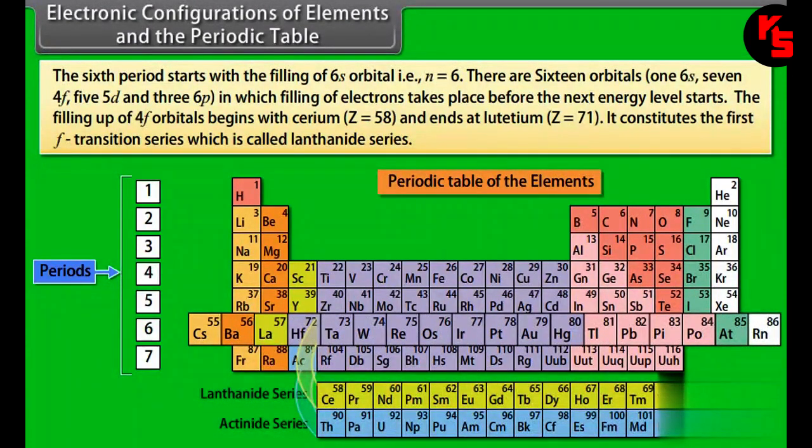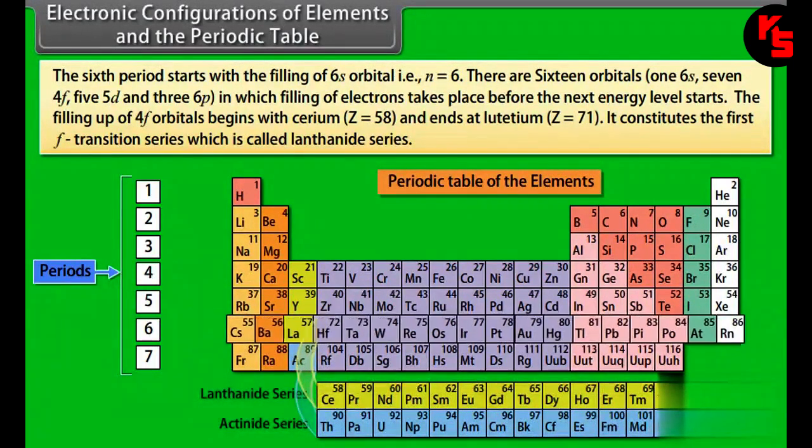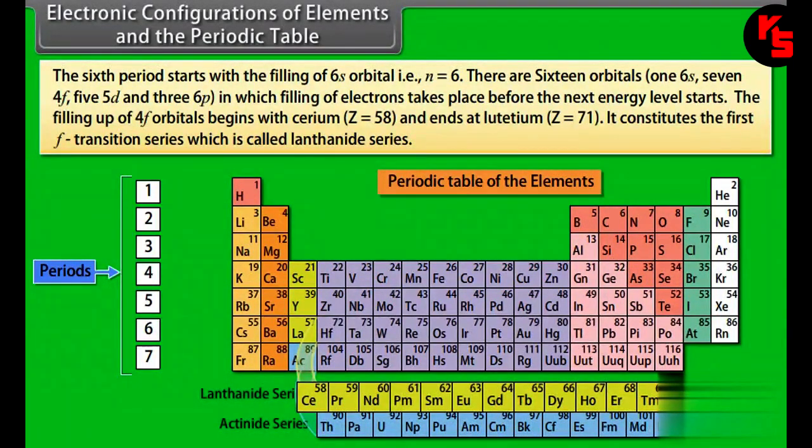There are 16 orbitals, one 6s, seven 4f, five 5d and three 6p, in which filling of electrons takes place before the next energy level starts. The filling up of 4f orbitals begins with cerium, atomic number 58, and ends at lutetium, atomic number 71.